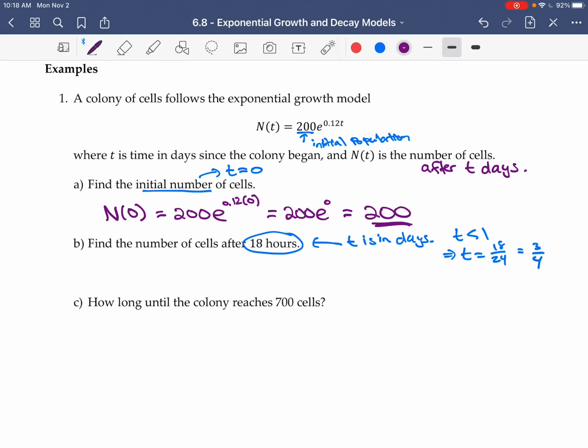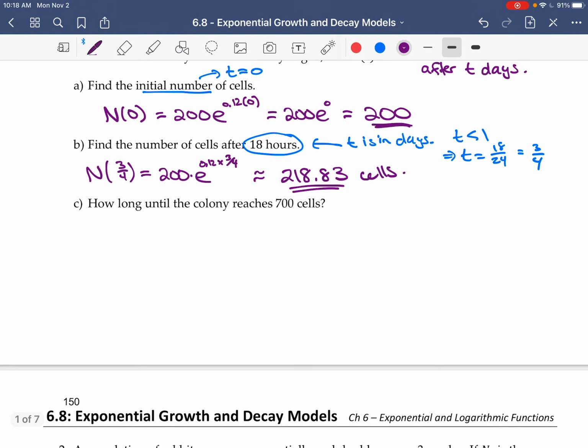So what we're looking for here is n of 3 over 4. That's 200 times e to the 0.12 times 3 over 4, which is approximately 218.83, so almost 219 cells.